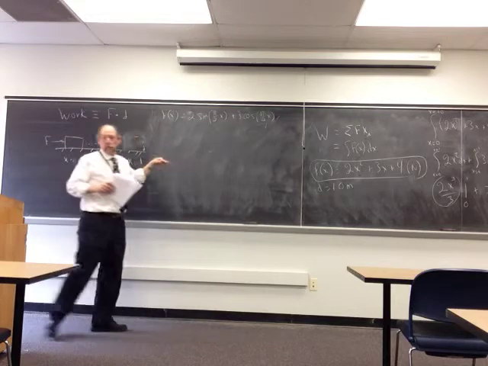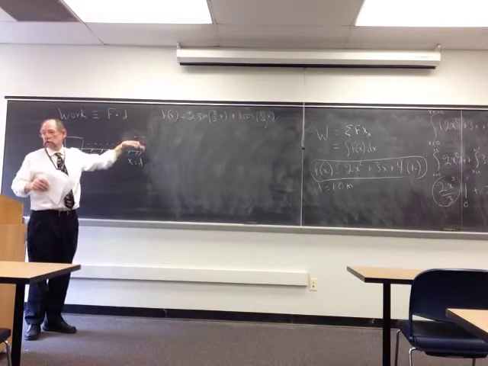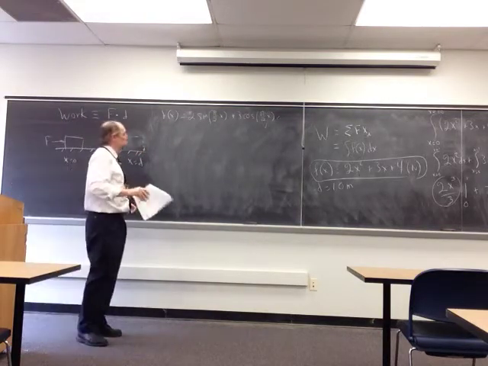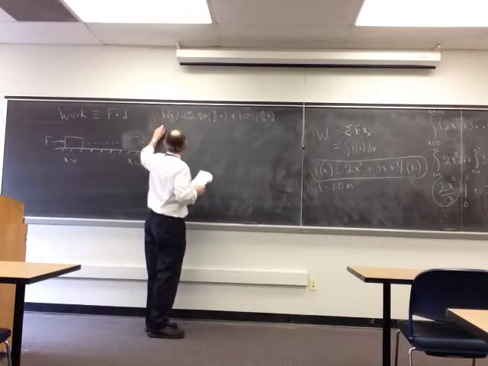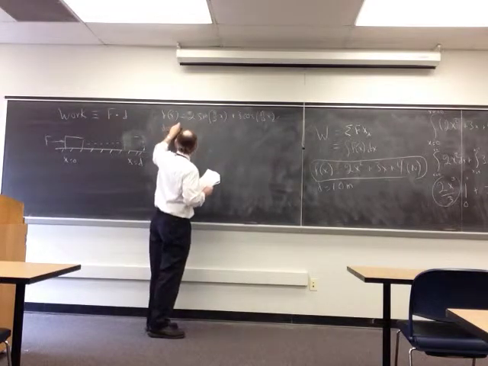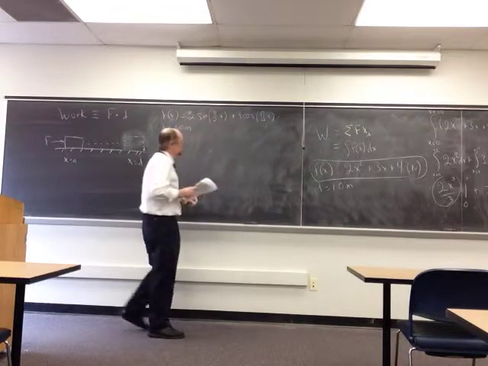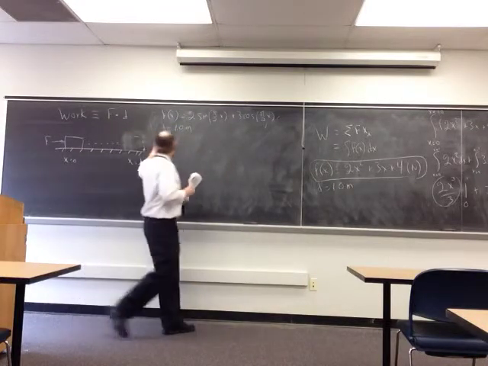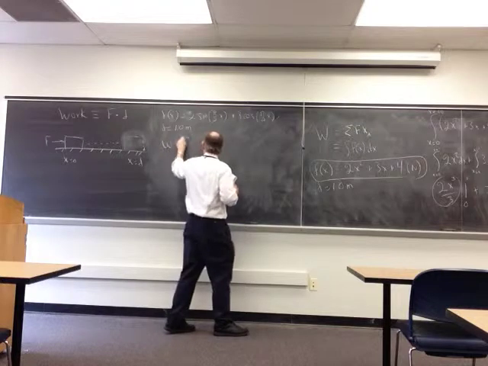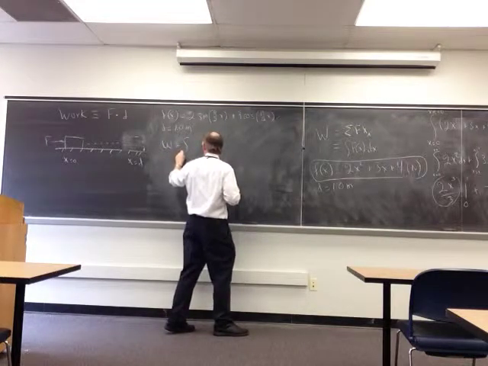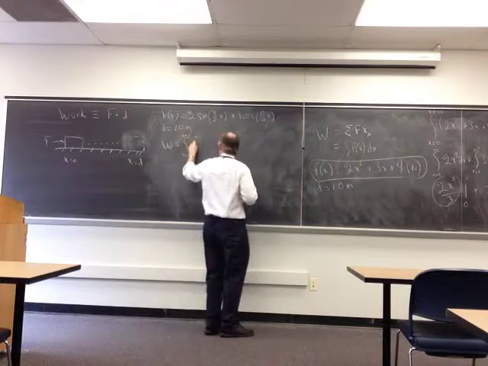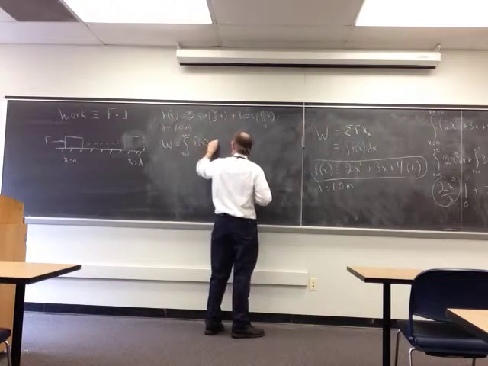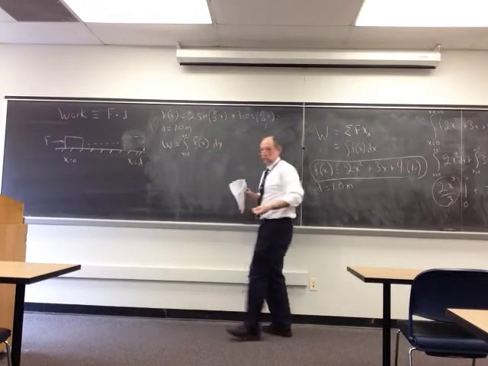And you want to find out the work done by that force over some distance. And we'll say again that the distance is equal to 1.0 meters. The work is equal to the integral from x equals 0 to x equals 1 of f of x dx.